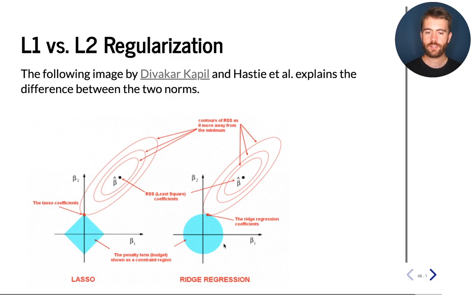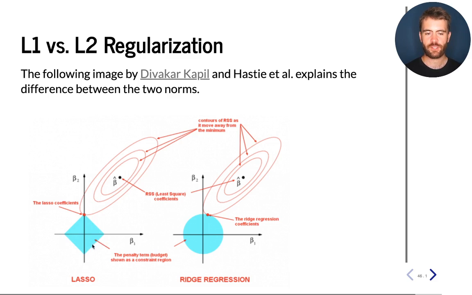So when the L2 norm of beta is less than lambda prime, then this vector lives inside this region. And for the L1 norm, we also have something similar, except that because we're using the absolute value instead of the squared value of the coefficients, this quote-unquote ball has a different shape, so it looks like a diamond.